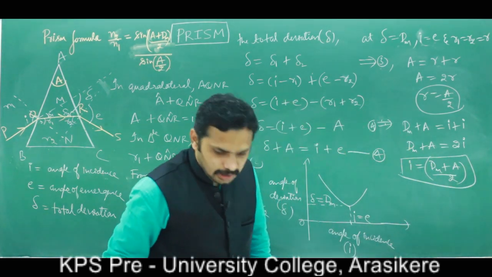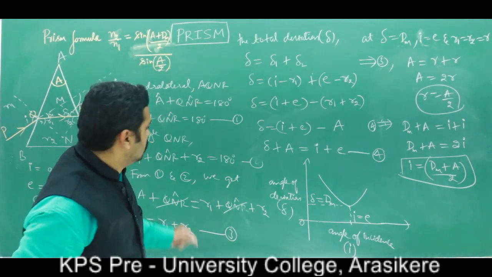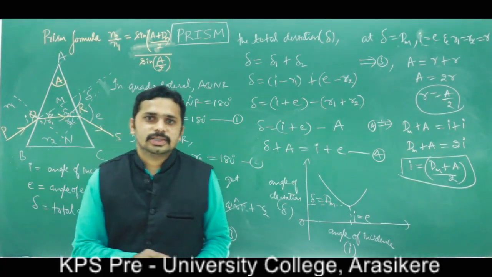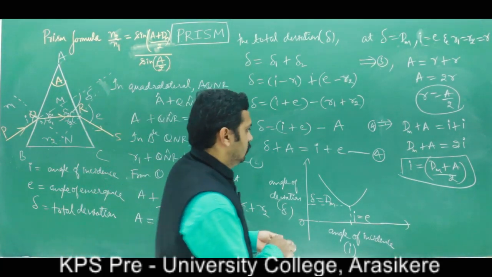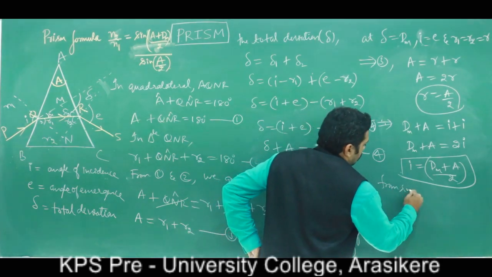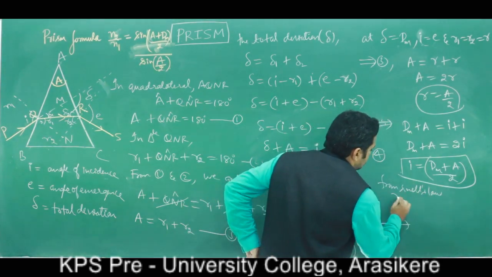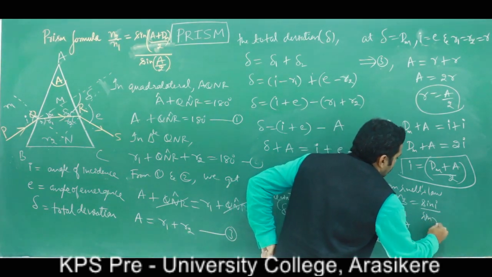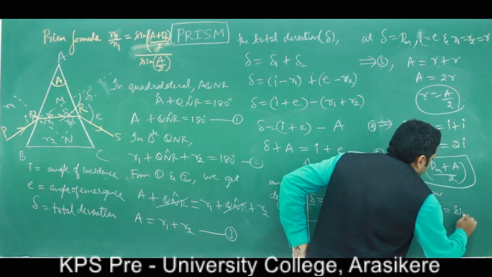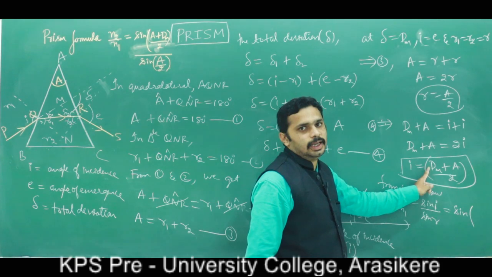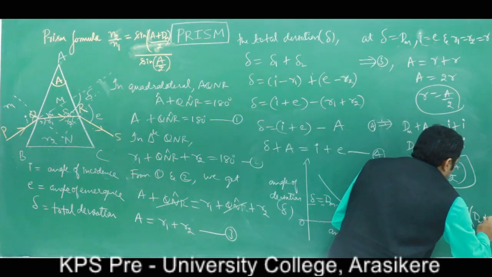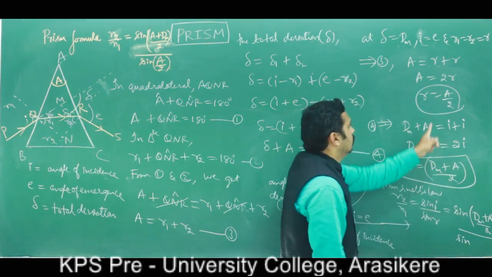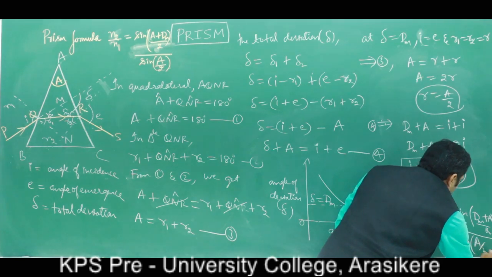Now here I am using Snell's law of refraction, because we know that the ray is refracted from the first medium to the second medium. We apply Snell's law, the second law of refraction. From Snell's law, n2 by n1 is equal to sin I by sin R. Here I means dm plus A by 2, and R is A by 2.